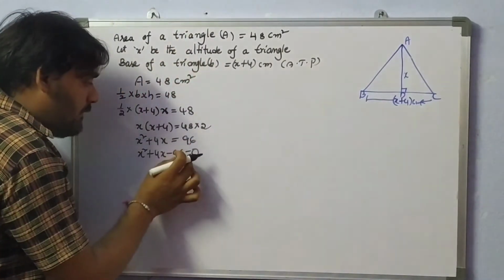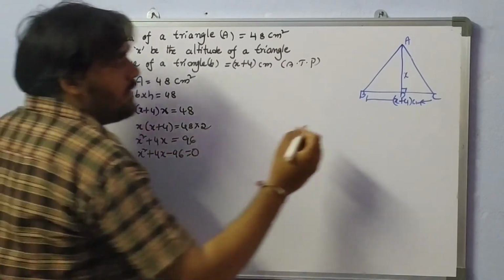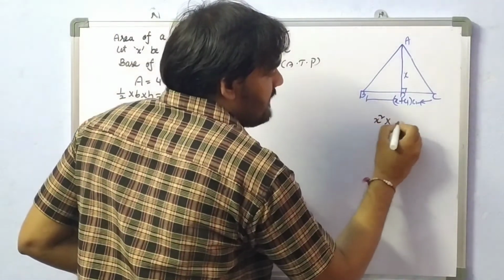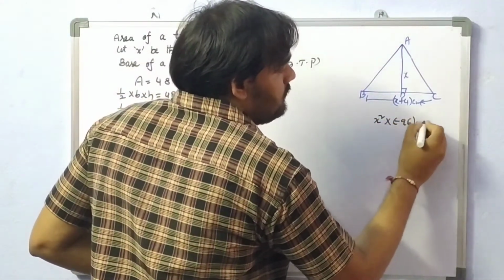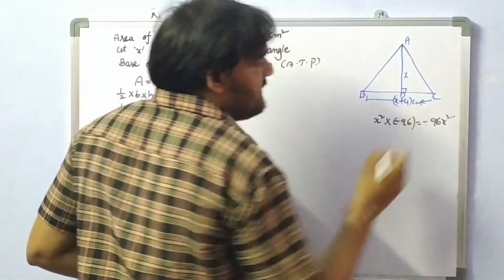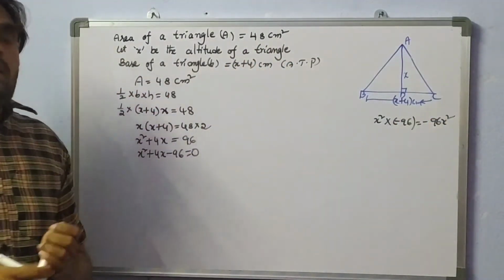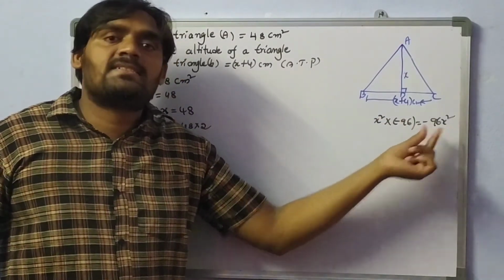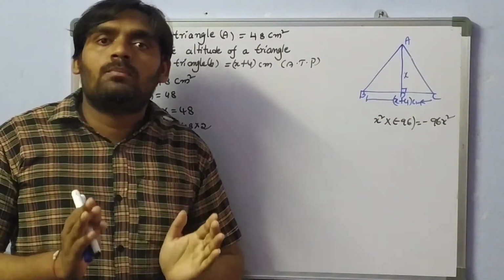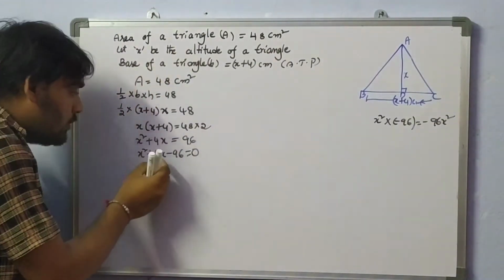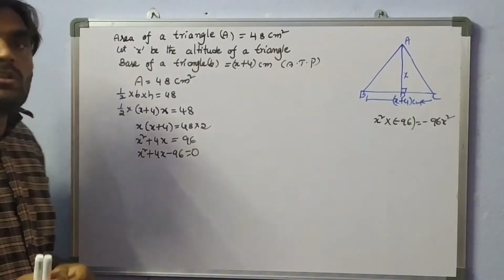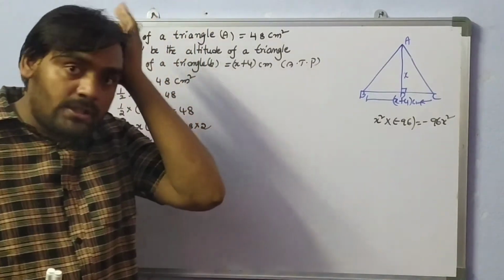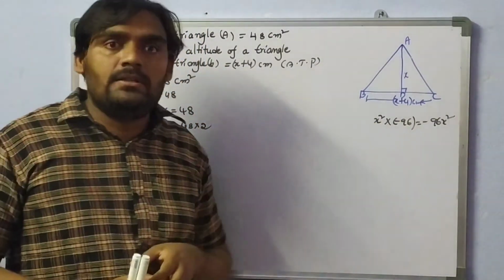After that, take the first term and last term. We need to multiply those two. You will get minus 96x square. The product of two terms should be equal to minus 96x square. When you add those two terms, the sum should be equal to plus 4x. So if you want to find two terms, first take the numerical values.